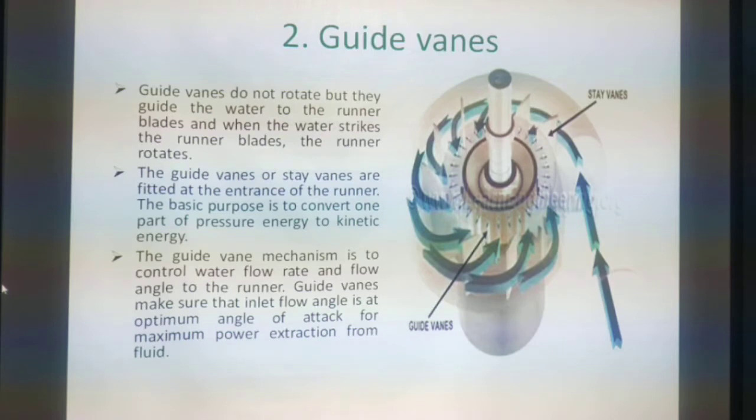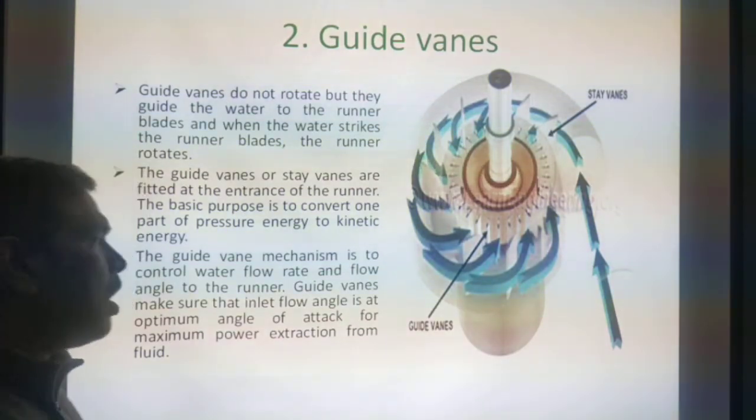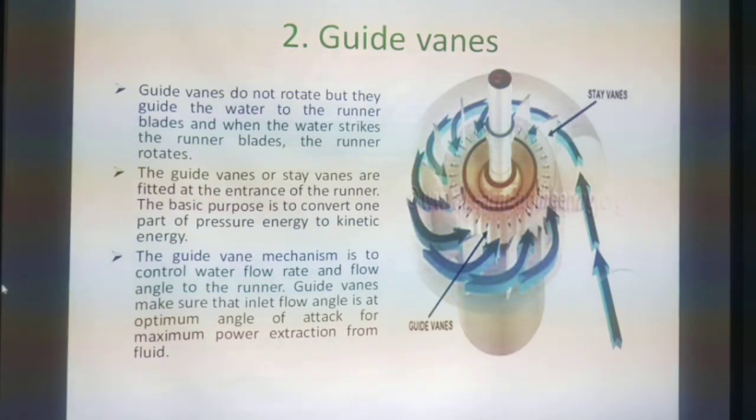The basic purpose is to convert one part of pressure energy to kinetic energy. The guide vane mechanism controls water flow rate and flow angle to the runner. The guide vanes make sure that the inlet flow angle is at the optimum angle of attack for maximum power extraction from the fluid.